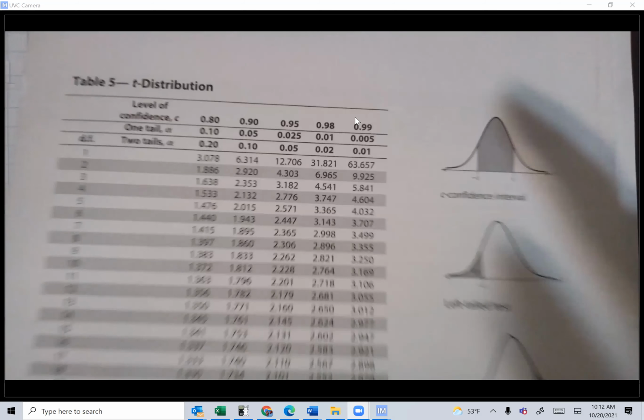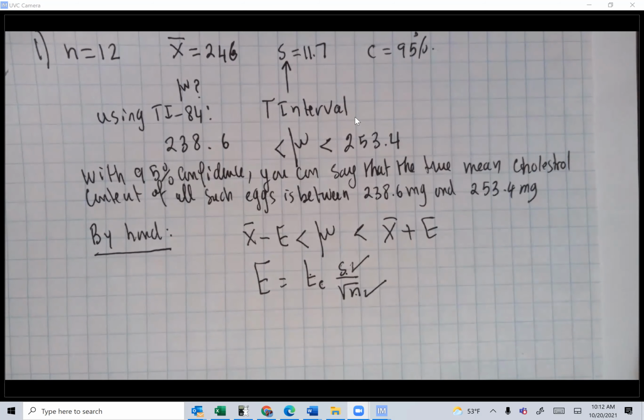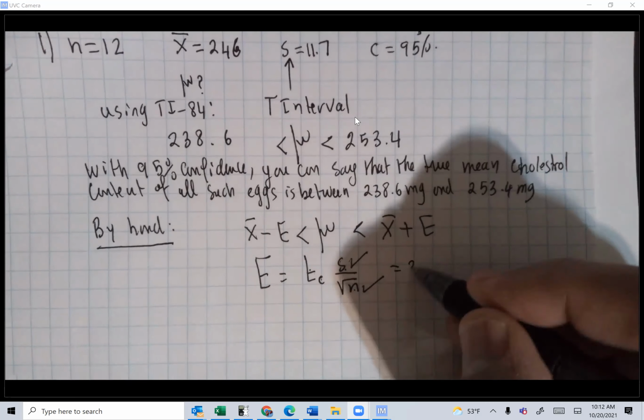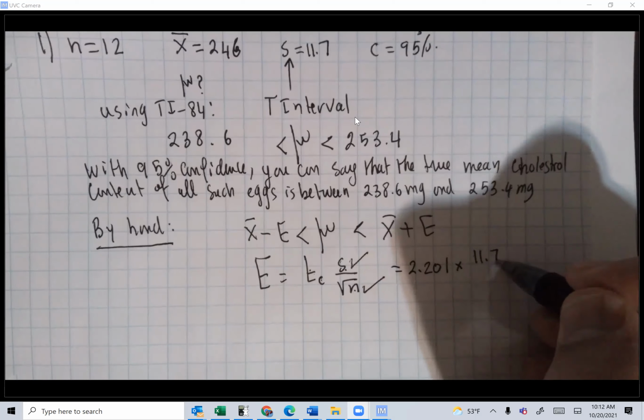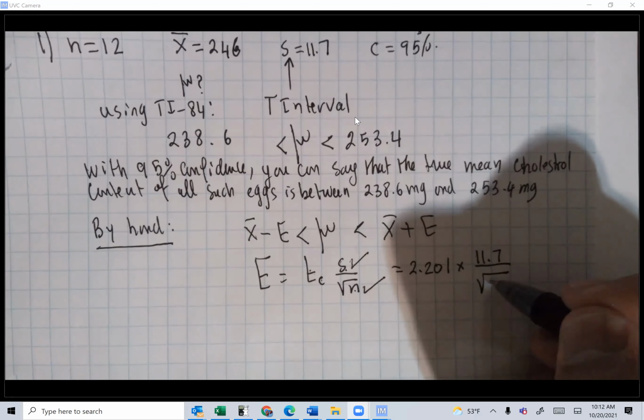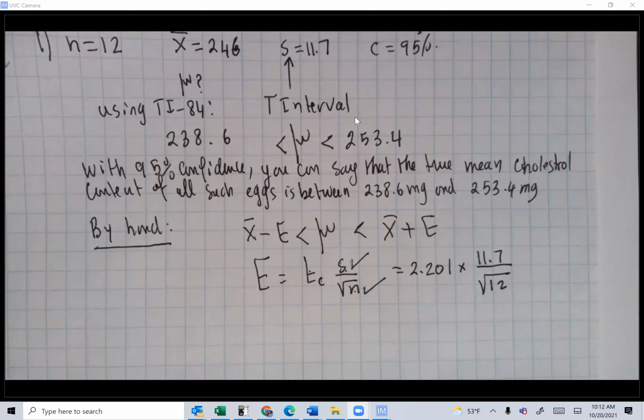So I'll just go here. 2.201 times S, which is 11.7, divided by square root of 12. Let's do this together. That's the algebra we practiced last time, guys, and how to use the square root.